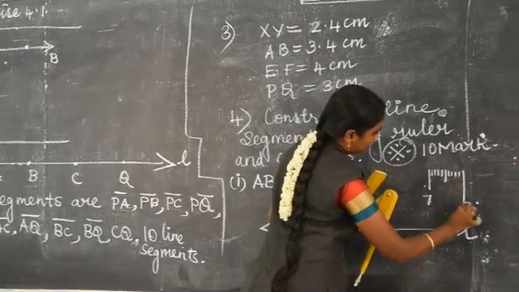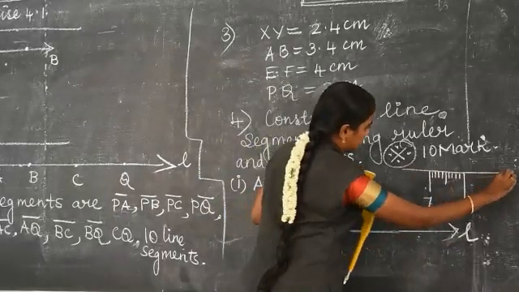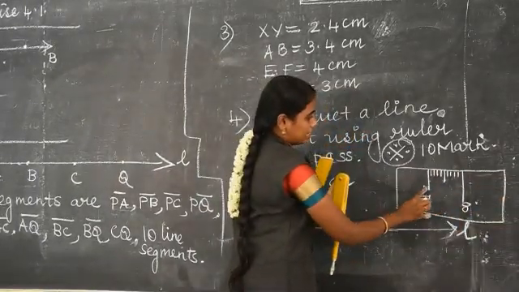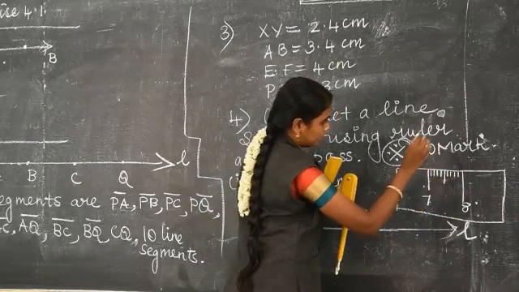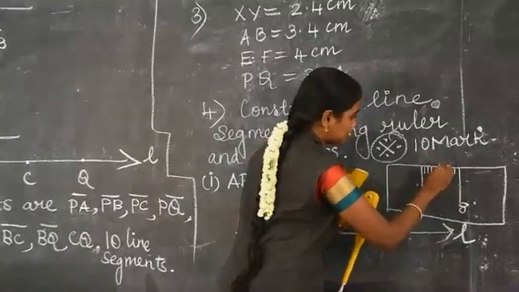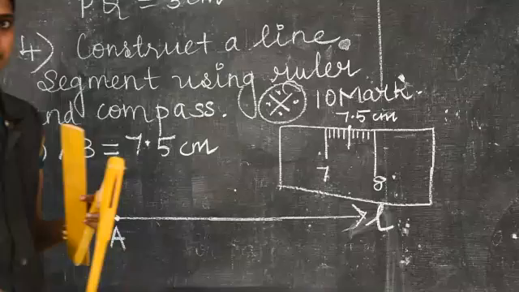This is your scale, yes or no, Mira? Between 7 and 8, we have one little bit lengthier line. Till that, you have to measure 7.5 centimeter.